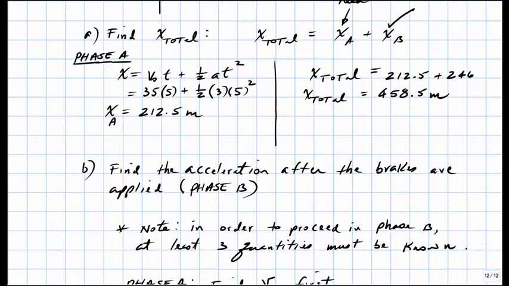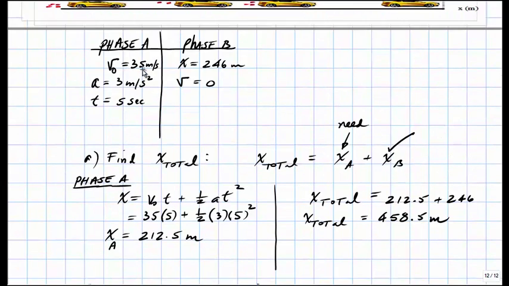Now keep in mind, within phase A, we know V0, we know A, and we know T.